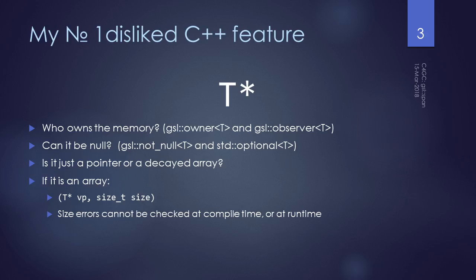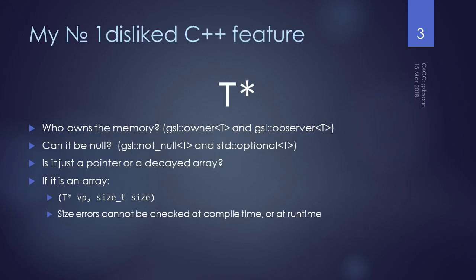So, what do I dislike most in C++? The T star pointer. Why? Because C++ is usually a strongly typed language, and T star gives me little information on what is behind it.